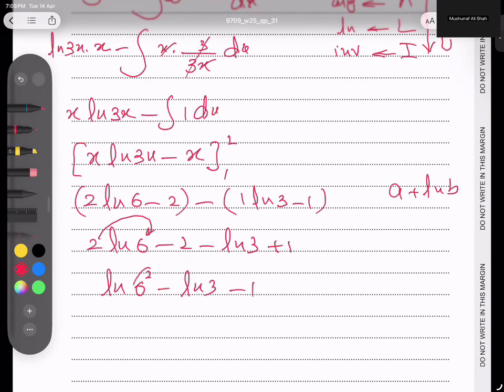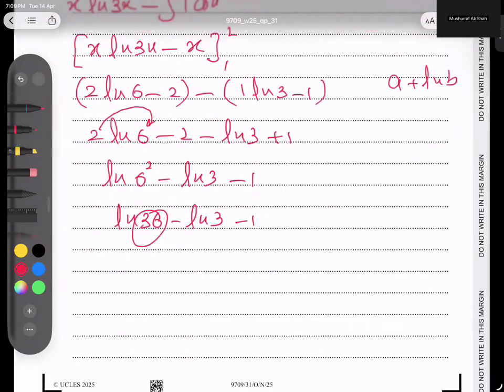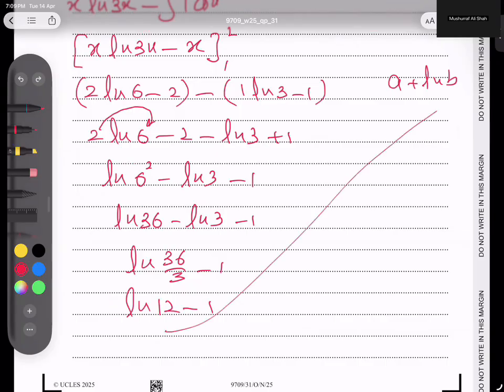This 6 square is 36. And whenever a negative sign comes in the middle, students, we can say this up and this down, so we can divide. So 36 by 3 and minus 1. Finally, I got log of 12 minus 1. But he said no, this format we need. So we have to rearrange: minus 1 before and plus log of 12 later.